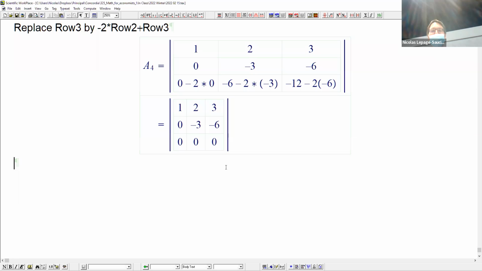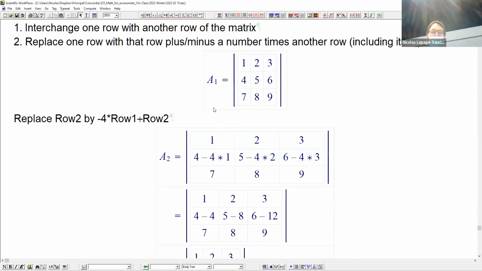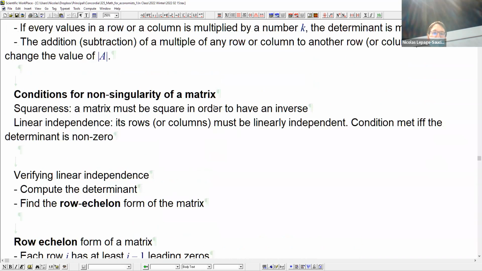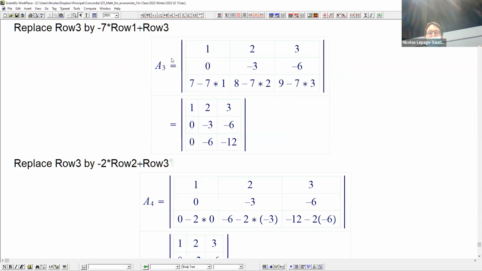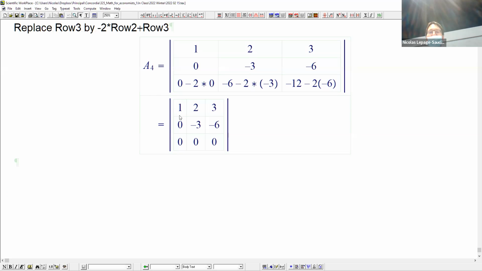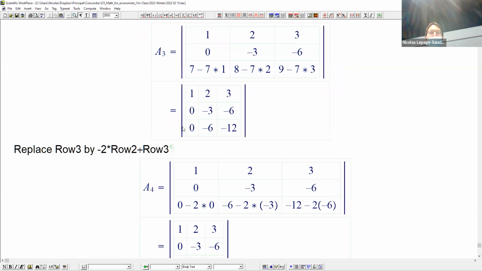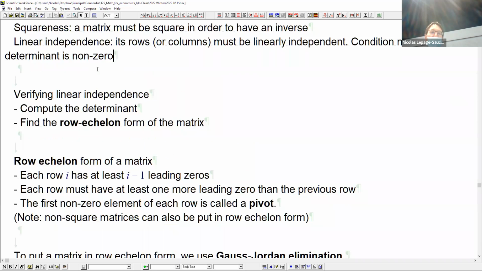Okay, so the suggestion is the following. So the question was if the matrix is upper triangular, then how can you easily show that the determinant is the product of the elements of the diagonal? Yeah. But you can't do anything with these, these are two things, like the determinant might change.